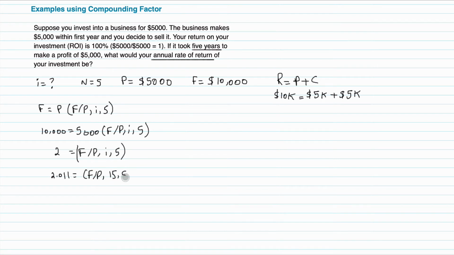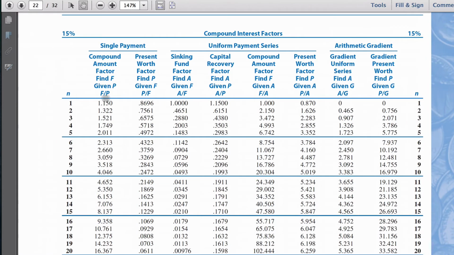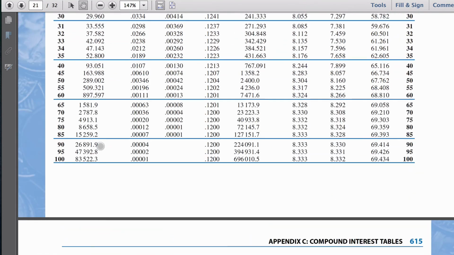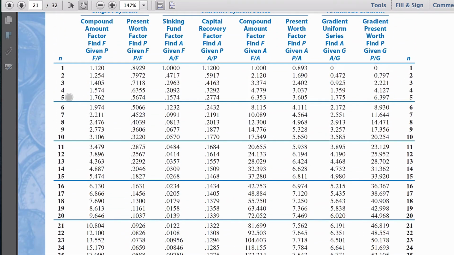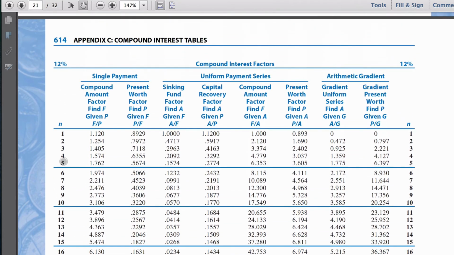And what we do is F given P for the previous one, N is 5.